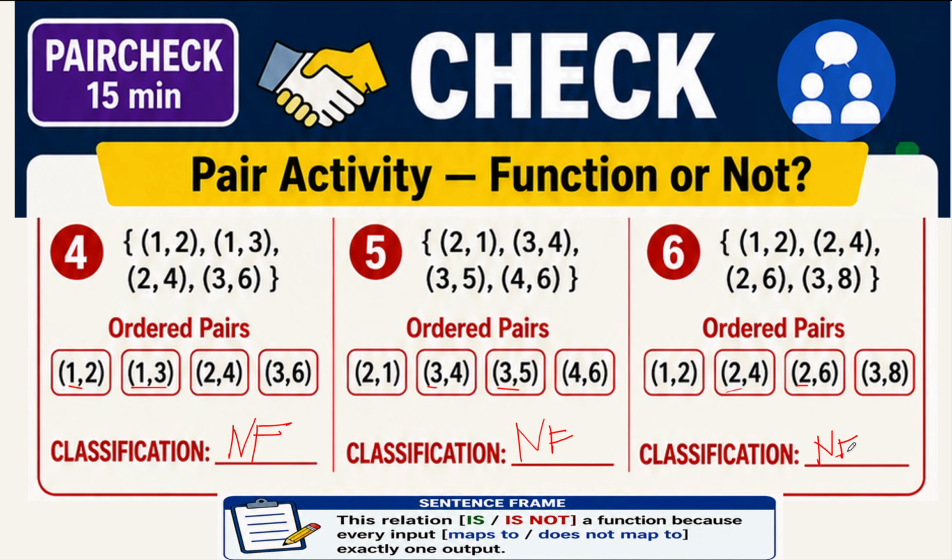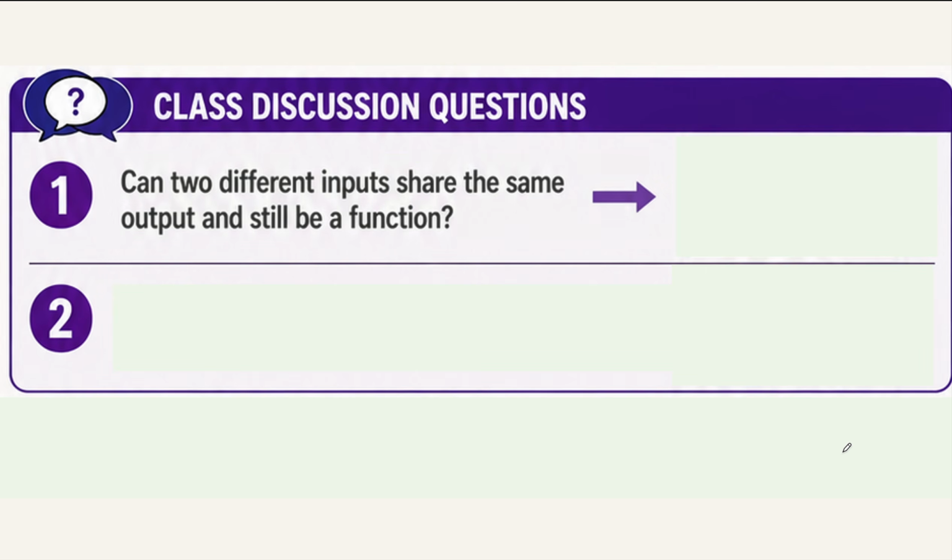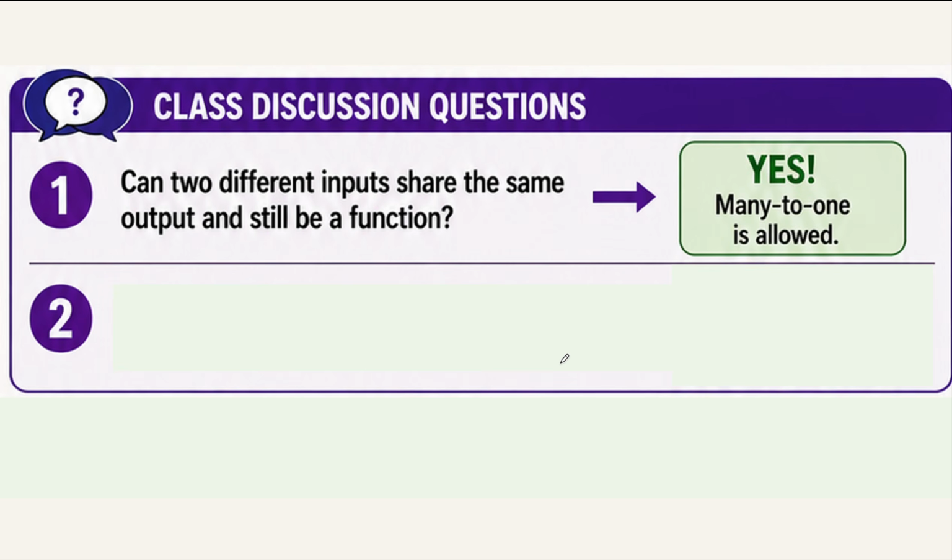Okay? So, alam niyo na kung paano mag-identify ng function or not. May tanong ako sa inyo. Can two different inputs share the same output and still be a function? The answer is yes. Okay? So, yung input natin, kunyari, different input sila at may isang output, pwede yun. Because many to one is allowed.